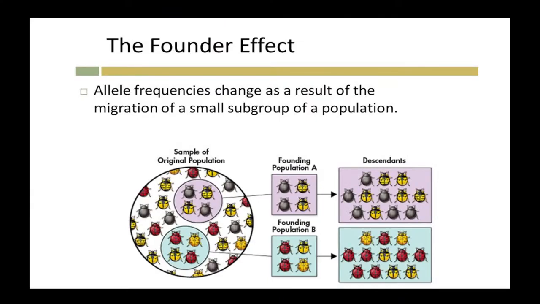The founder effect is very widespread in people, where allele frequencies change as a result of migration of a small subgroup of a population. The founder effect is very well seen in the migration of people from Europe to America.